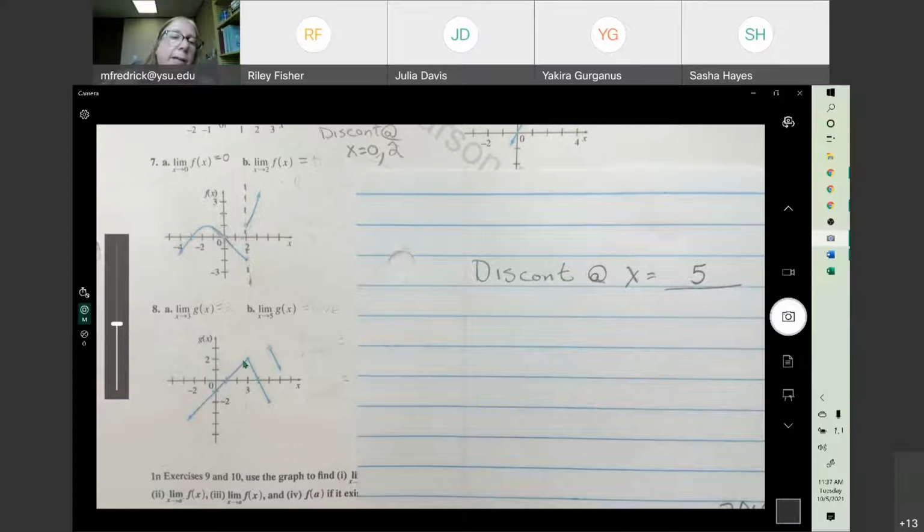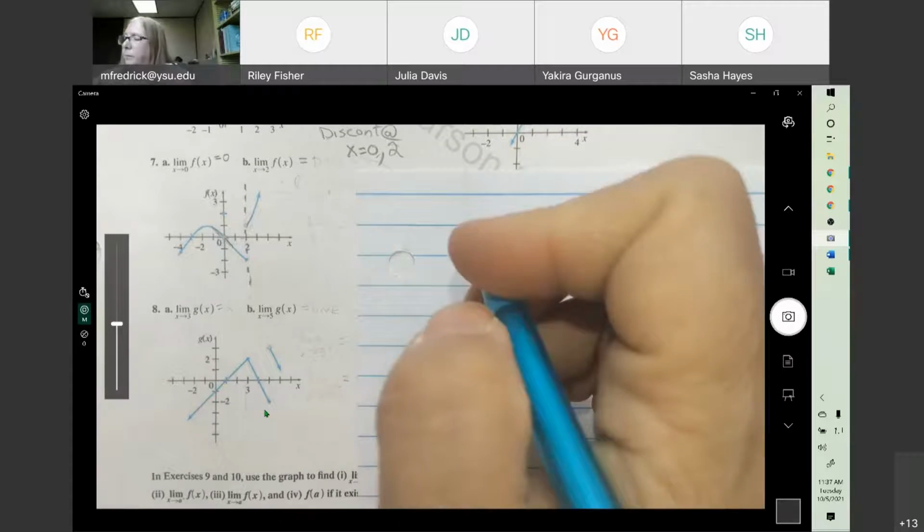Notice from the right and the left, it's the same value. Whenever you have a solid line where there's no break in it, the limit's going to be at that value. So the limit from the right and the left is both going to 2. I'll write it out.